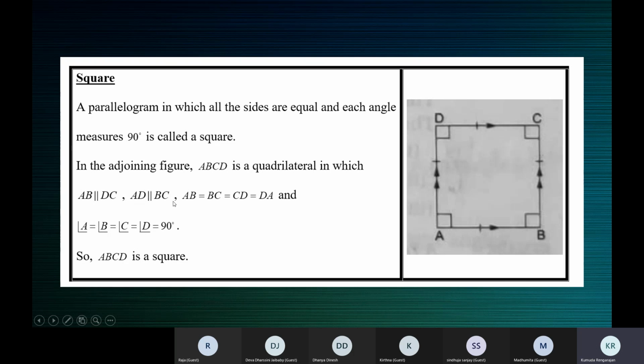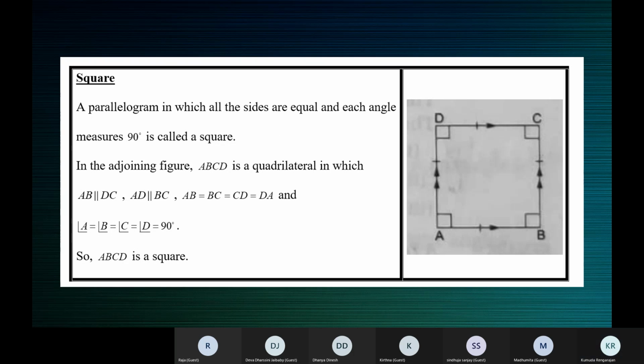You must first say it's a parallelogram, because opposite sides are parallel. A parallelogram in which all the sides are equal and each angle measures 90 degrees is called a square.